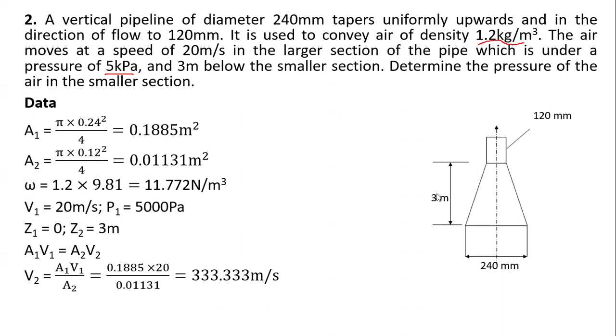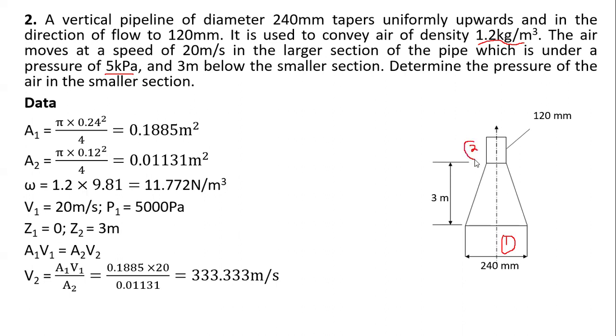With that in mind, let's put the data together. First thing, area number 1, referring to where we are coming from, the large section. This is our section 1. Then we are going there, that's our section number 2.